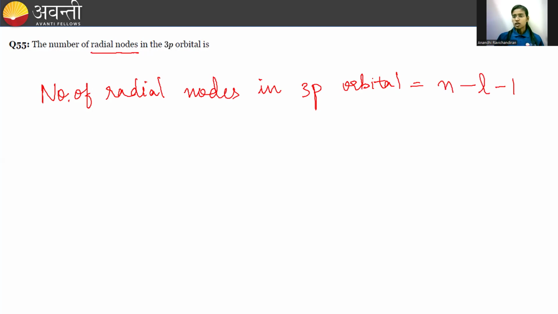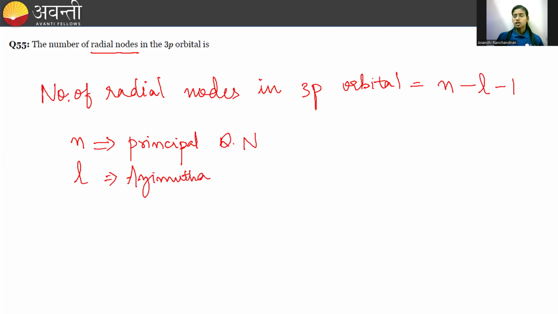So this is the formula to find out the radial nodes for any type of orbital. Where n is the principal quantum number and L is the azimuthal quantum number.